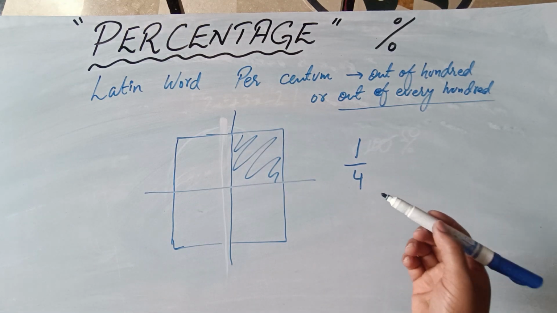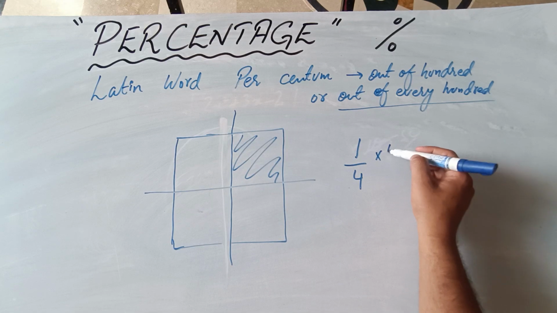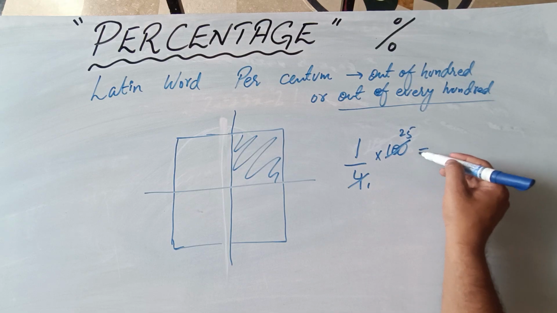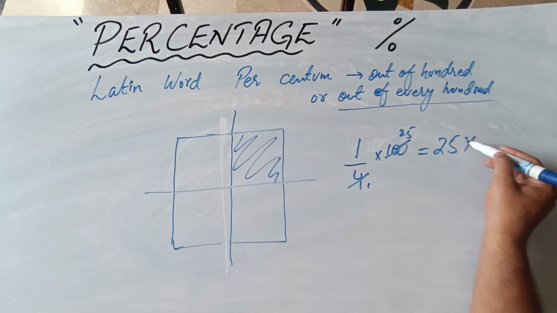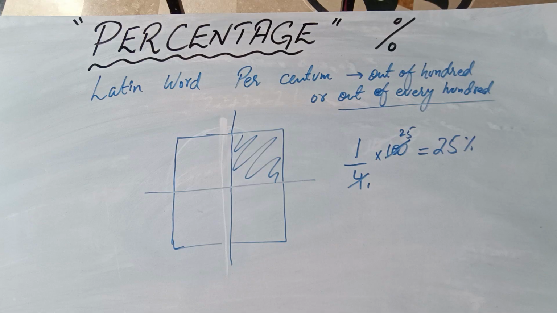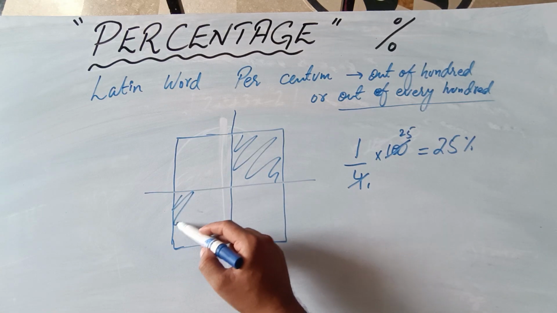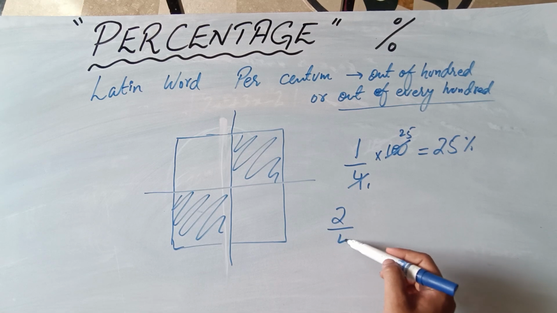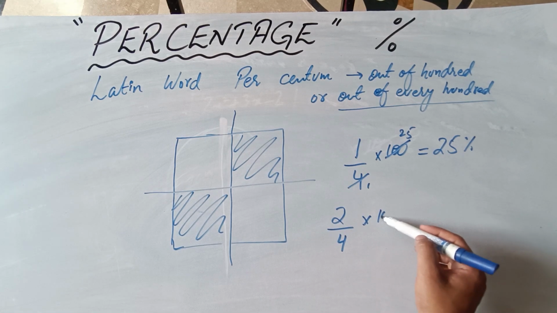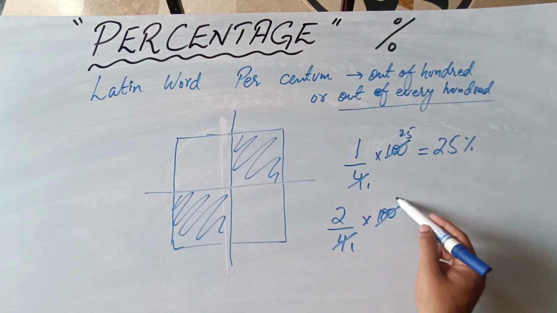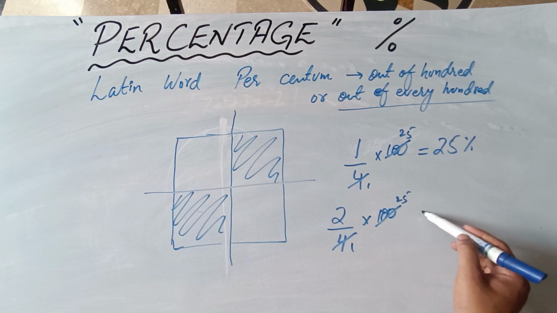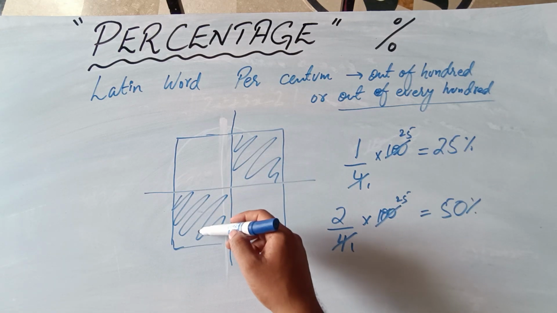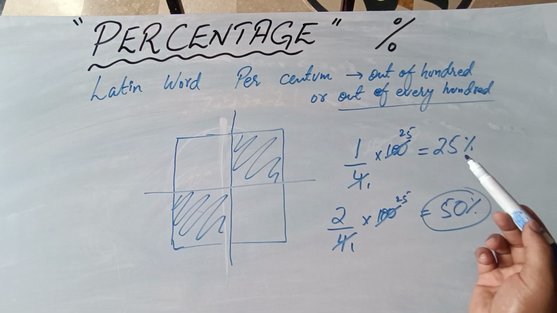If we want to find out percentage, we will multiply by 100. 4 times 1, 4 times 25, so 25% is shaded. And if I shade this box as well, how many parts are shaded? 2 boxes are shaded out of 4. Multiply by 100. Again 4 ones are 4, 25 times 2 is 50. Out of 4 boxes, 2 are shaded and 2 are unshaded. It means that 50% is shaded.